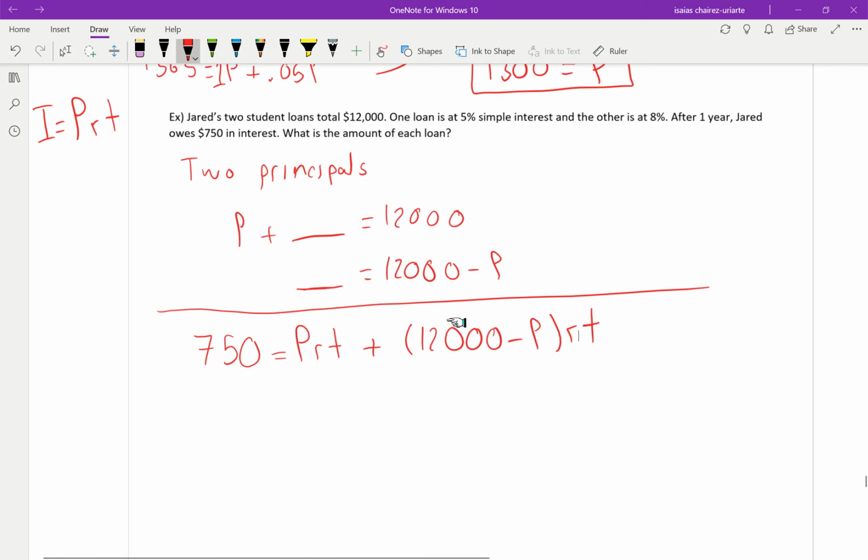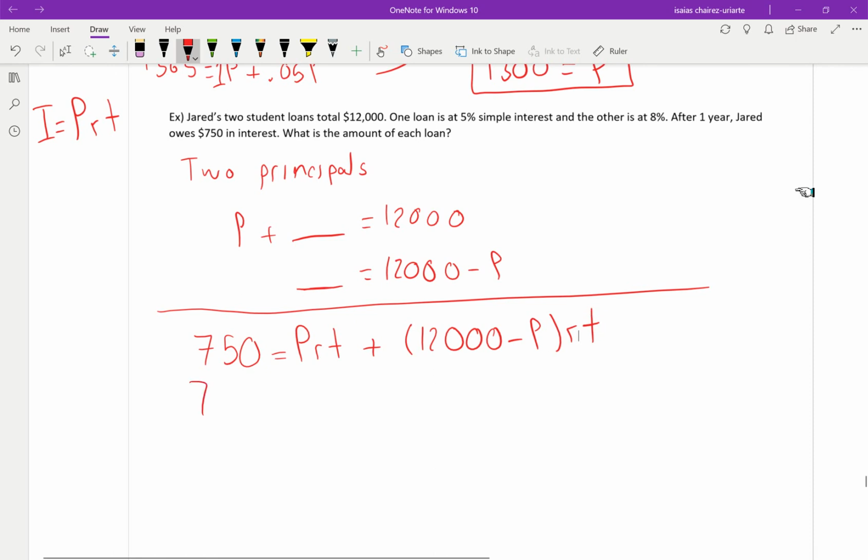So let's replace R. This principal, I'm going to assume that it's the one that's 5%. This other principal, I'm going to assume that it's at 8%, and our T is 1 in both cases.